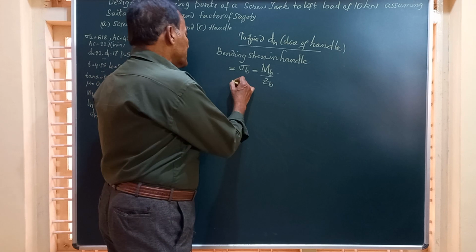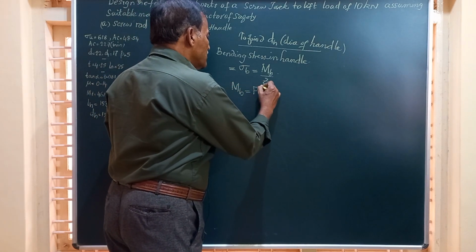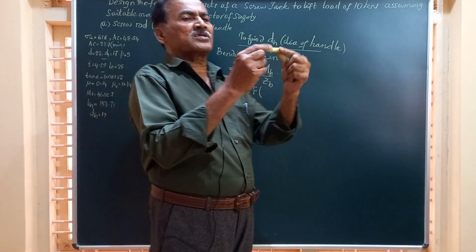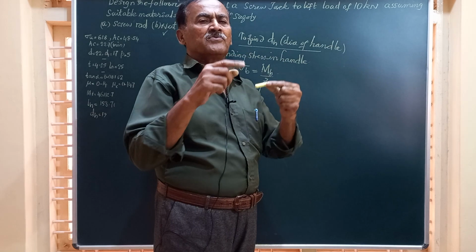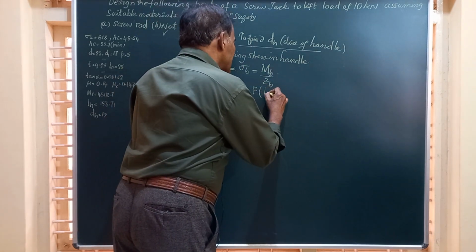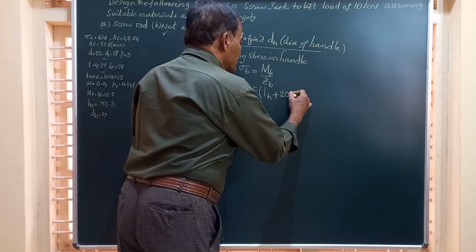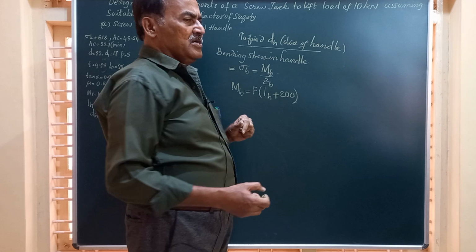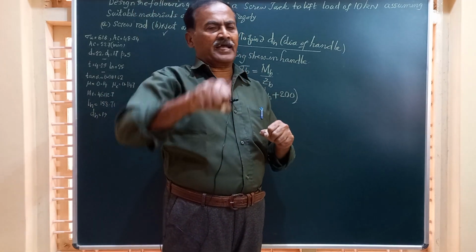So what is Mb, friends? Mb is equal to F into, see, bending moment. You have this length L, the effort applied at the end into length will give you the bending moment, F into LH plus some 200 mm. You can ask me what is that 200. Friends, while operating this screw jack, we don't operate using a single hand like this.